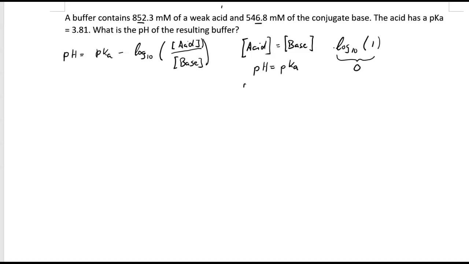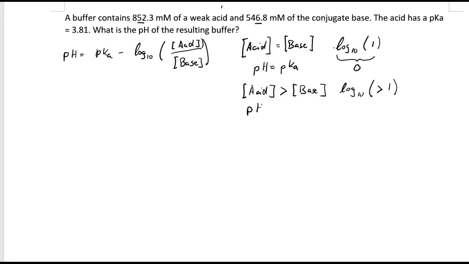However, if the acid concentration is larger than the base concentration, then the ratio of acid over base would be something that is larger than 1. And the log of something larger than 1 would result in something that is larger than 0.